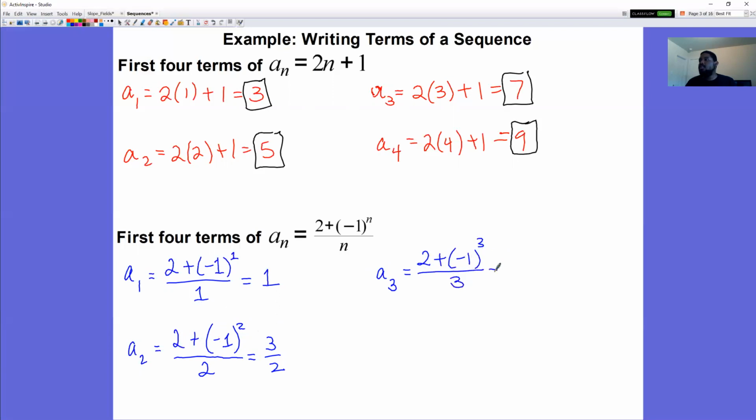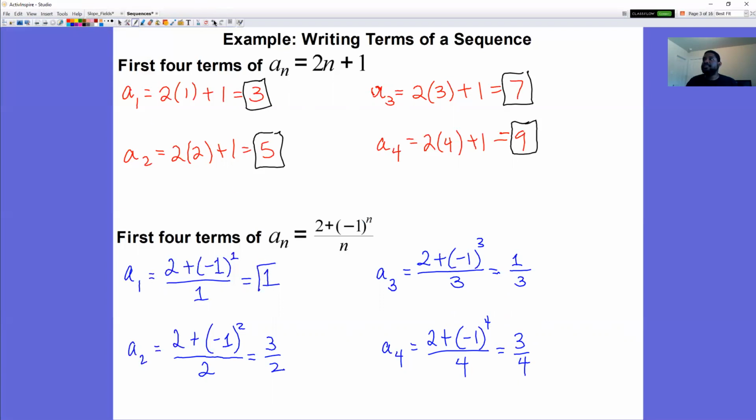So that will be 1 over 3. And then our fourth term is 2 plus -1 to the power of 4 over 4, which is going to be 3 over 4.